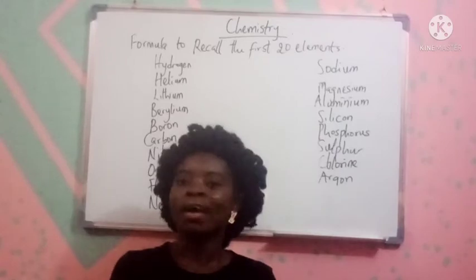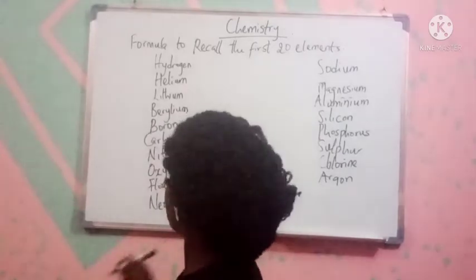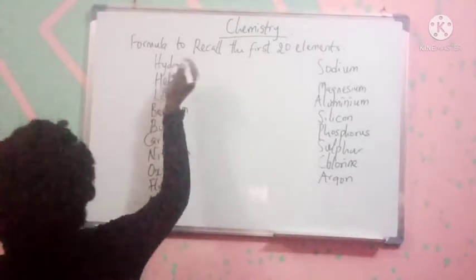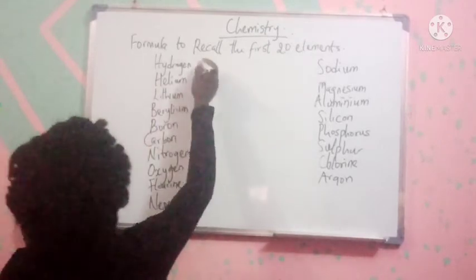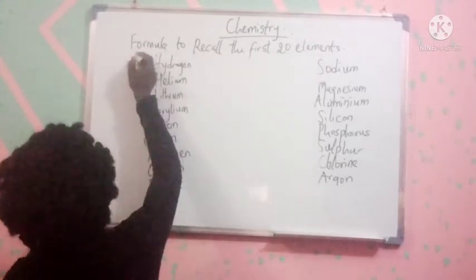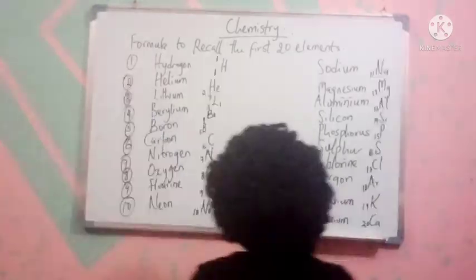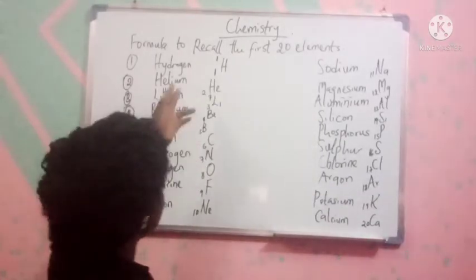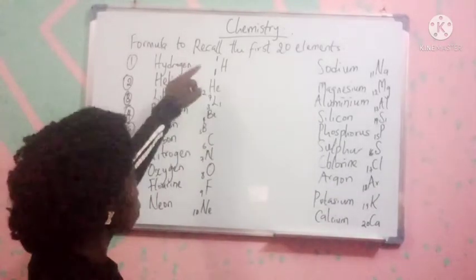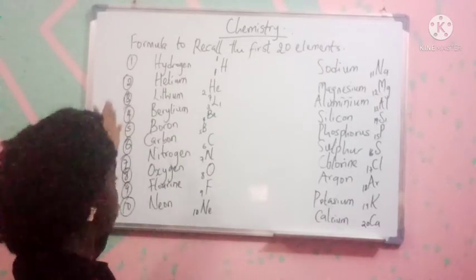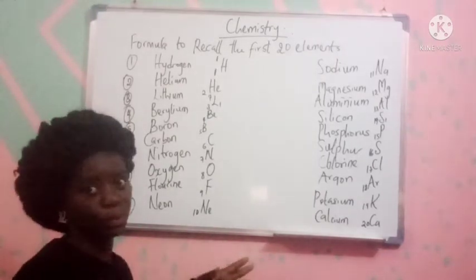For the atomic number, I already said it follows a serial. So hydrogen is 1, then 2. They follow serially as the position of that element in the periodic table.